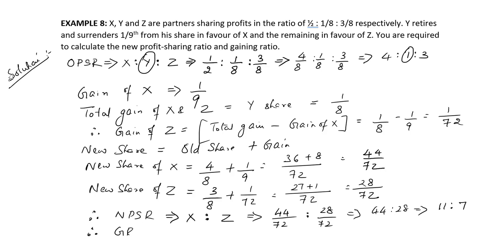Gaining ratio between X and Z is equal to the gain of X 1 by 9 is to the gain of Z, which is 1 divided by 72, which is equal to 8 divided by 72 is to 1 divided by 72, or 8 is to 1.